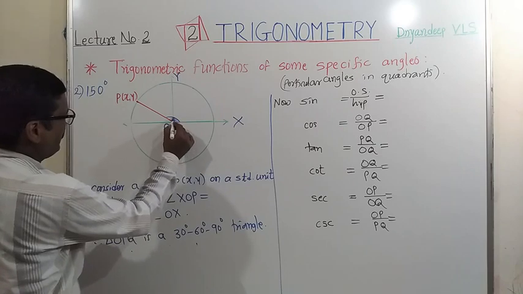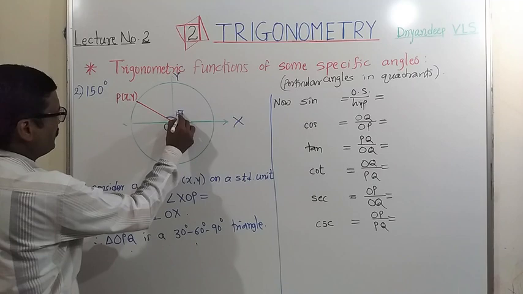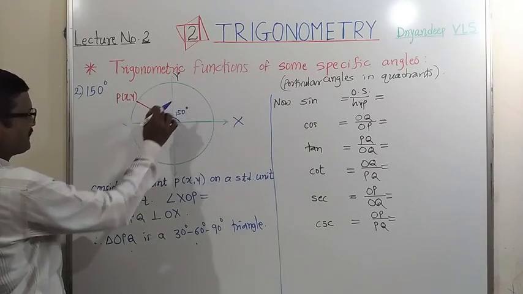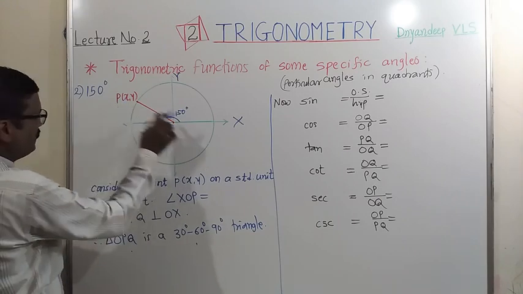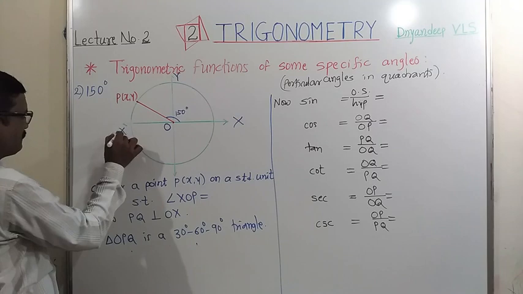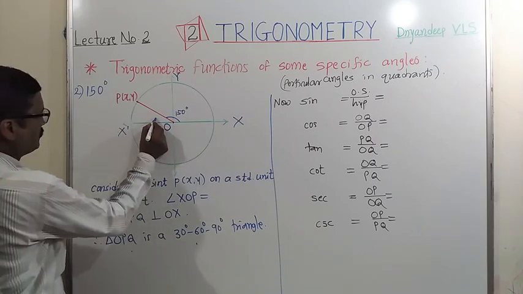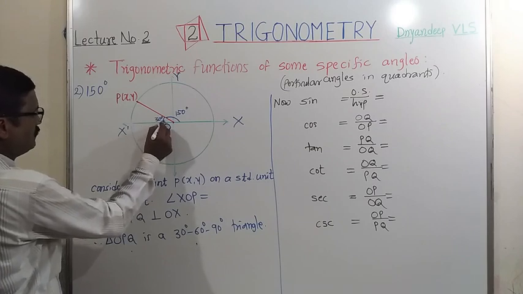This much is 90 plus 60, so it is equal to 150 degree. So out of this 90 degree, 60 degrees here, the remaining angle has measure 30, means angle POX dash has measure 30 degree.